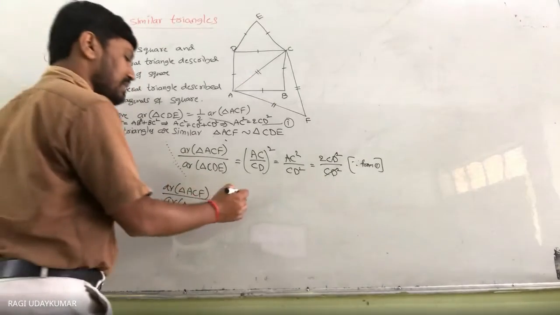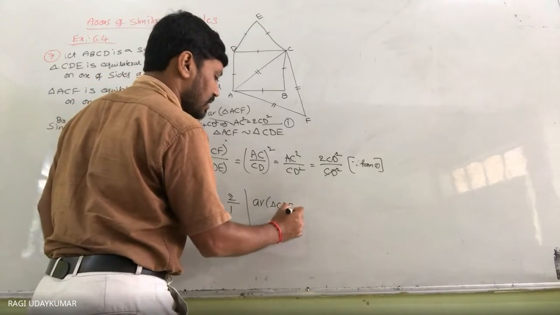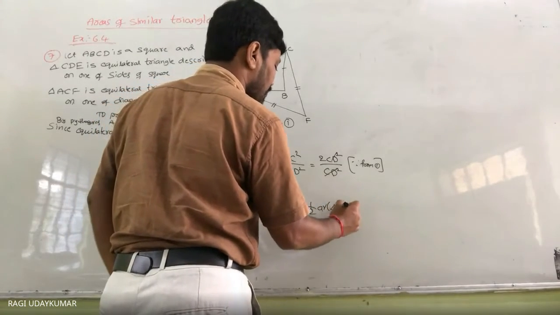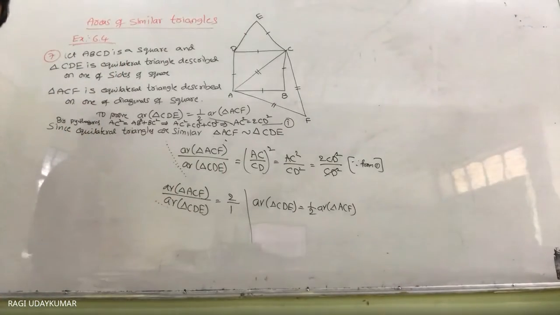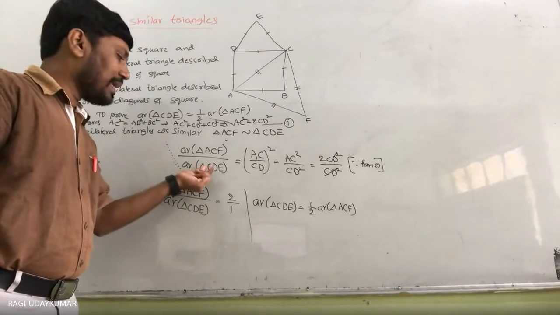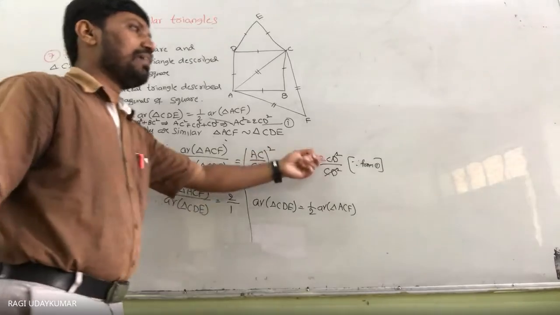So from this you can say that area of triangle CDE is equal to half of the area of triangle ACF. Can we write? If you are getting confused, you can take the CDE ऊपर ले लो, ACF नीचे ले लो. So then 1 by 2 you will get.